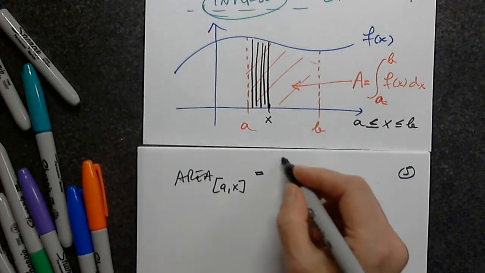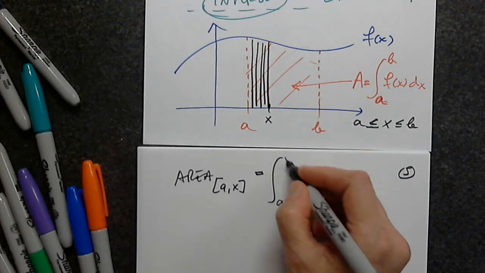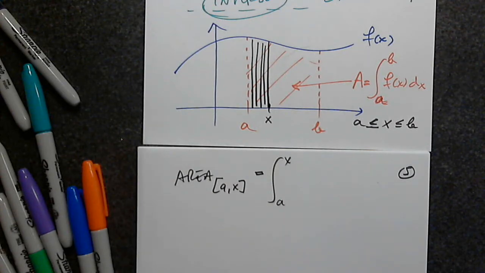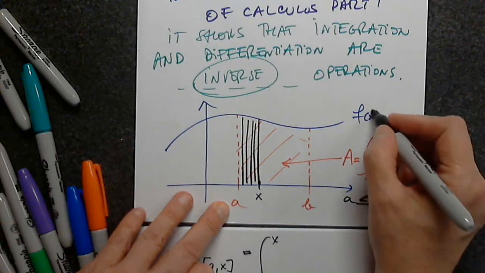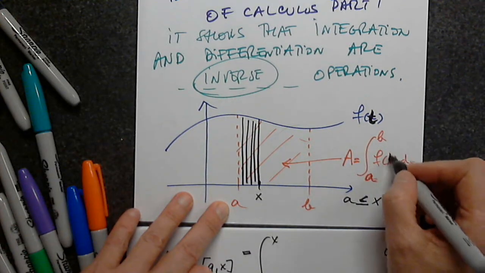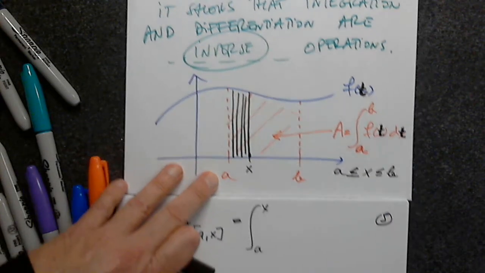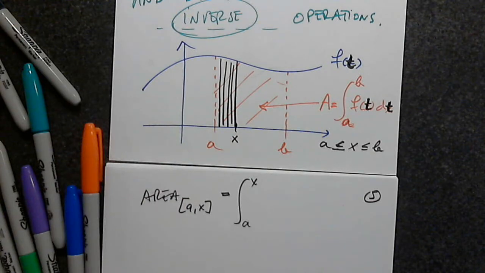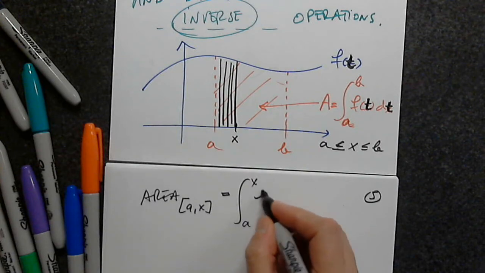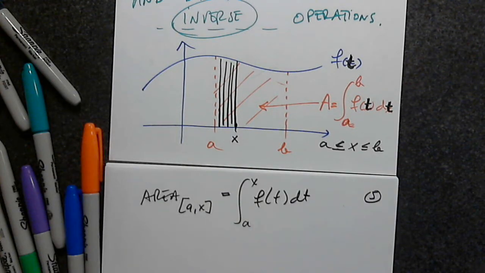Yes? Excellent. Since I chose this x, allow me to change this into t, dt. Perfect. So you're saying that the integral from a to x of f of t dt.